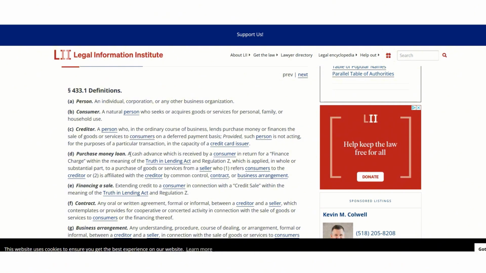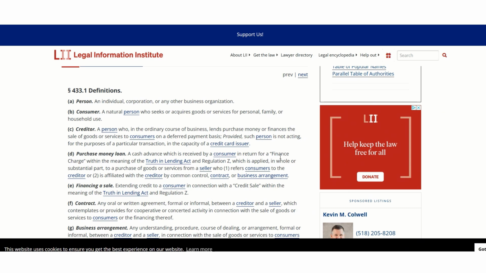a purchase money loan, a cash advance, which is received by a consumer. So whoever is receiving this cash advance, right, is receiving it for a consumer, right, in return for a finance charge, which means the cash advance is supposed to pay for the finance charge, right?